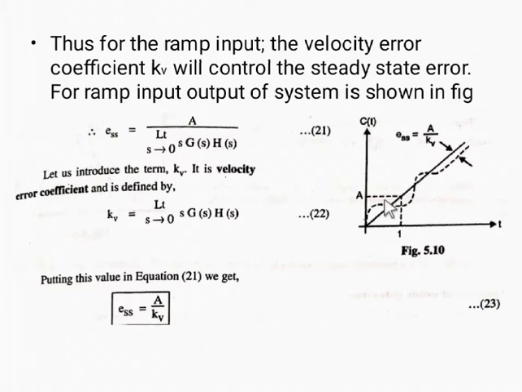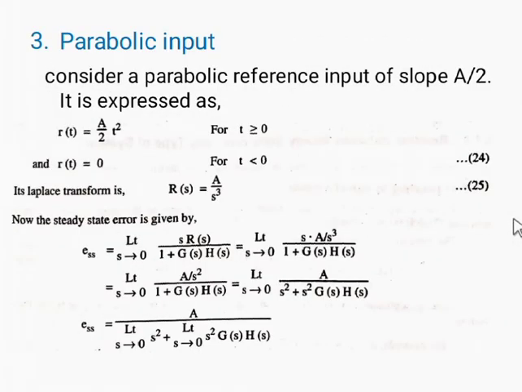This is the ramp input, which is the desired output, but this is the actual output, and this difference is known as the steady state error and is equal to A divided by Kv, and this ramp input has slope A. Now third, consider the parabolic input.